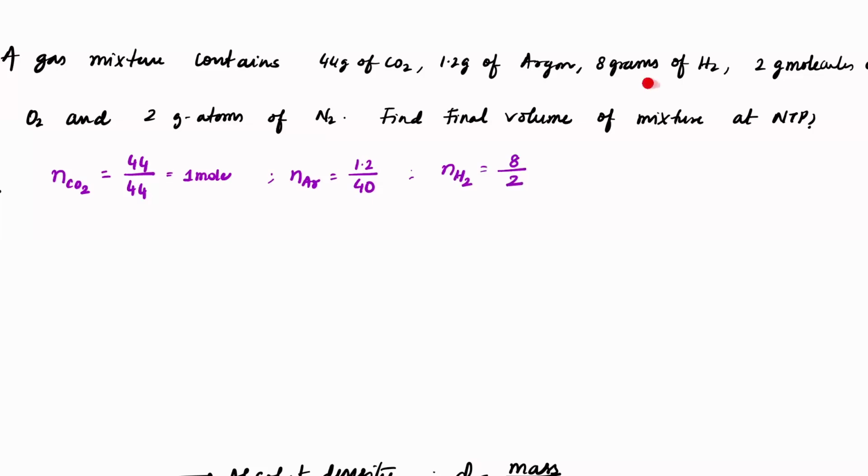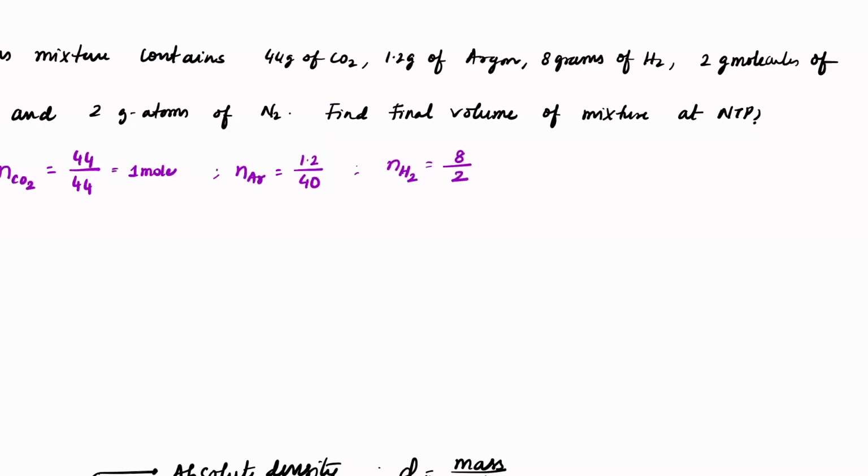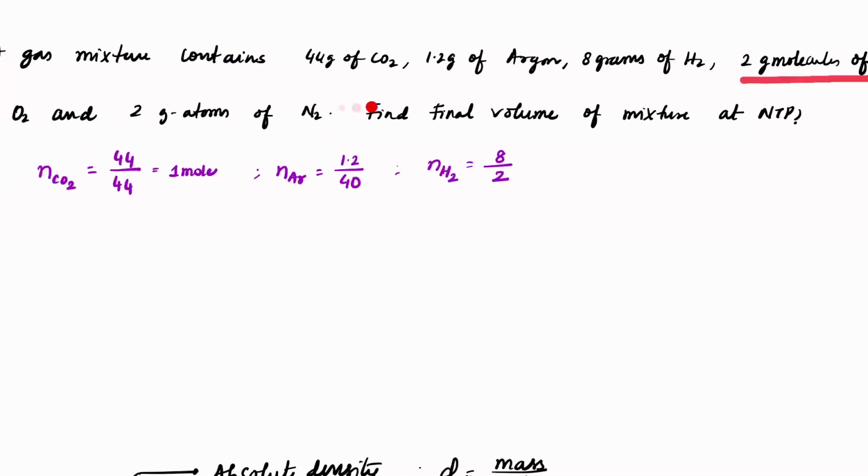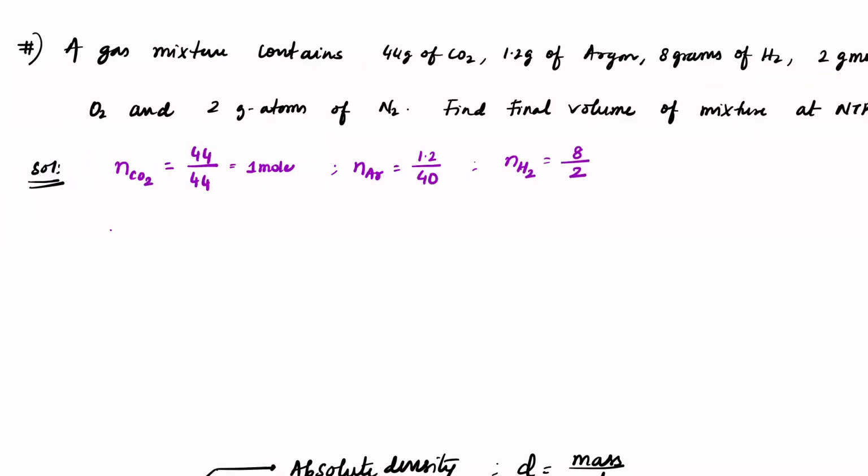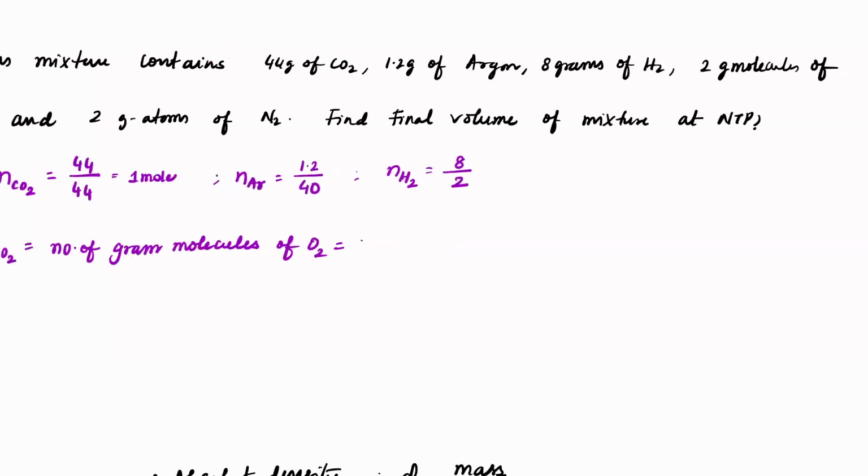Because the molar mass of hydrogen gas is 2. And next, notice this one, 2 gram molecules of O2. So number of moles of O2 is the same as the number of gram molecules of O2. I told you this earlier with the definition. So therefore, we have 2 moles here.